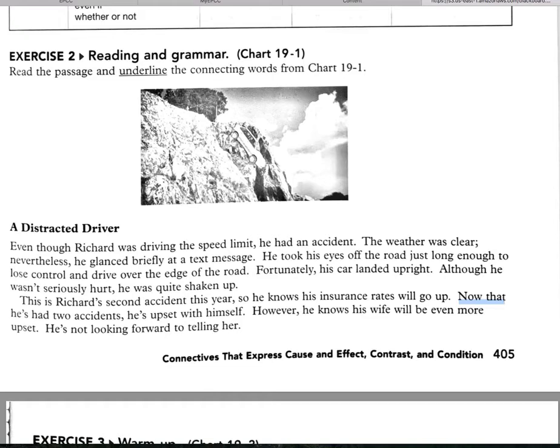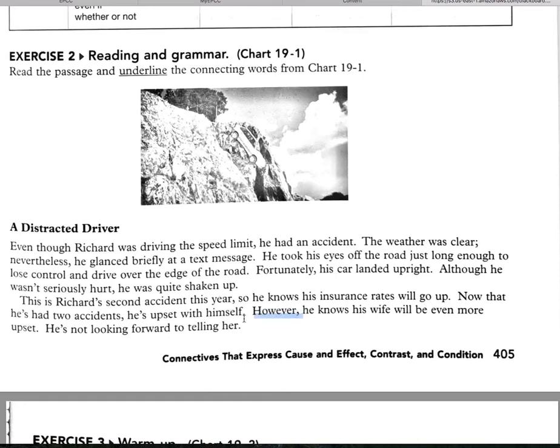And then, so now that he's had 2 accidents, he's upset with himself. However, he knows his wife will be even more upset. Here, the transition word, however, is the connective.